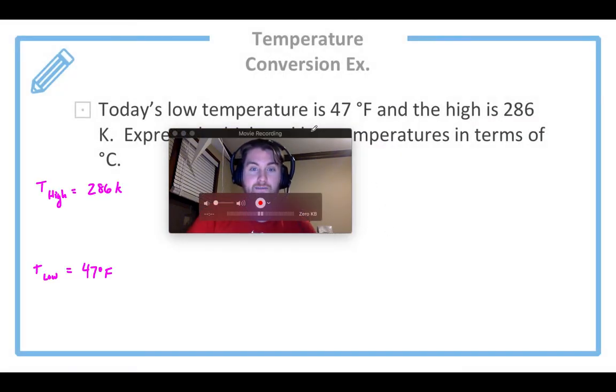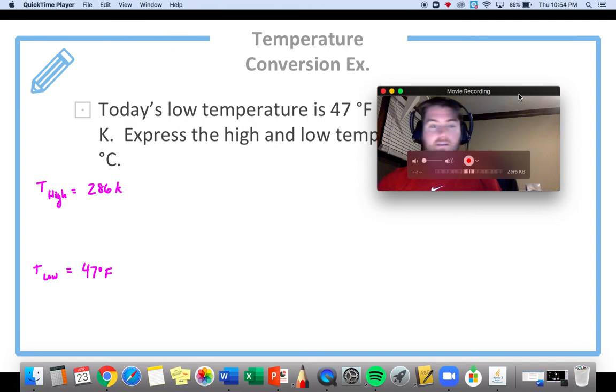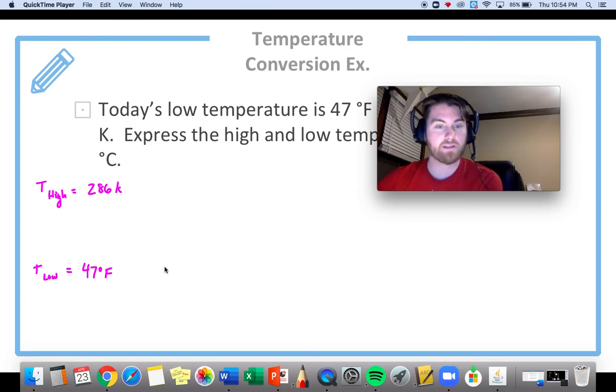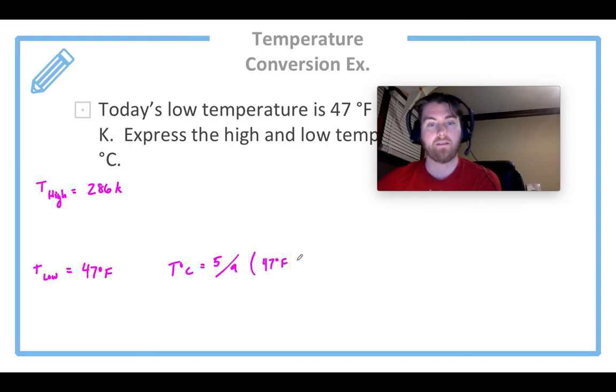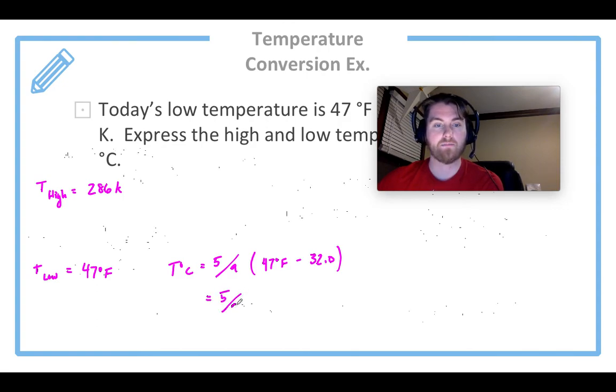So for the temperature low, temperature in degrees Celsius is going to be 5/9 multiplied by 47 degrees Fahrenheit minus 32, which is 15.